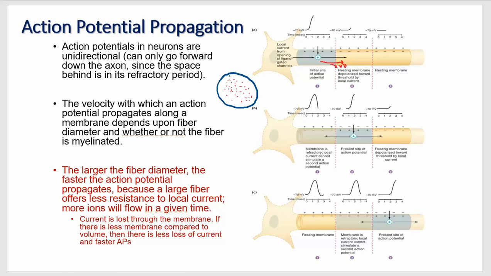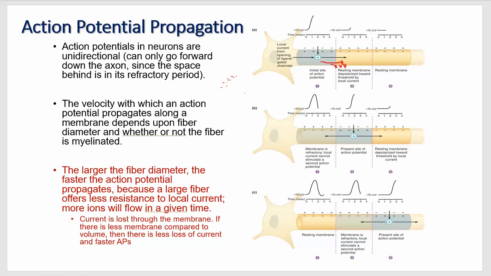So larger means you have proportionally less leaking out. You're going to have some leakage, but you've got more inside. Meanwhile, if it's smaller, then you're going to have most of it leaking out quickly. So that's why a larger diameter works better.